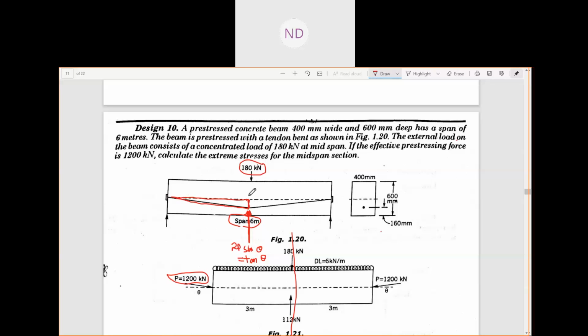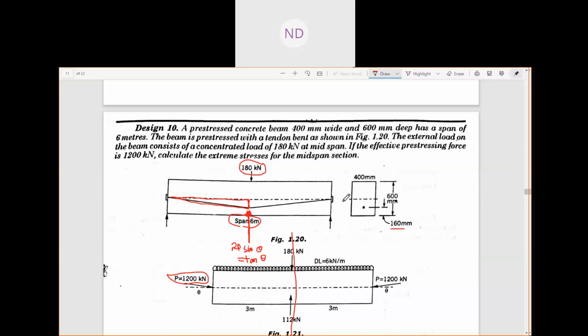In this question, the tendon is placed from the soffit at a distance of 160 mm.